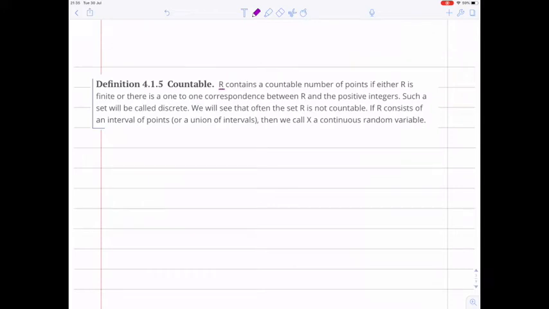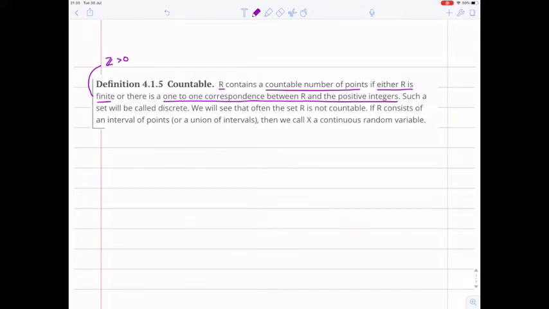So a set R, which we're usually thinking of as the range of a random variable, contains a countable number of points if either R is finite. So remember, finite said that there's an integer greater than 0 that maps to the size of the set, or there's a one-to-one correspondence between R and the positive integers.